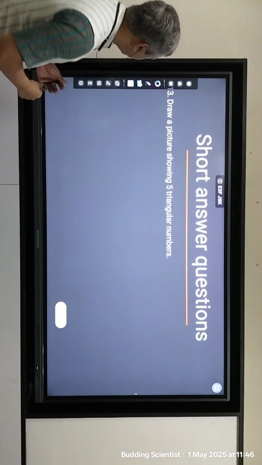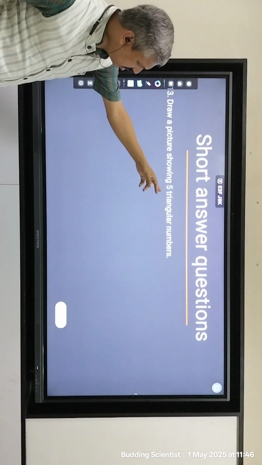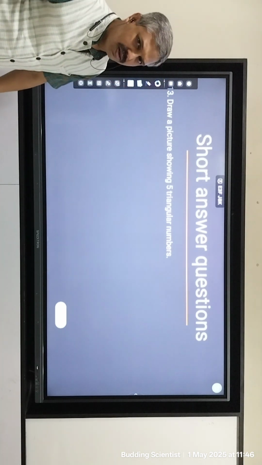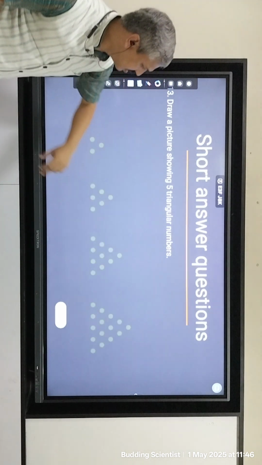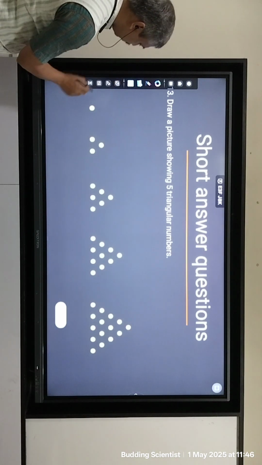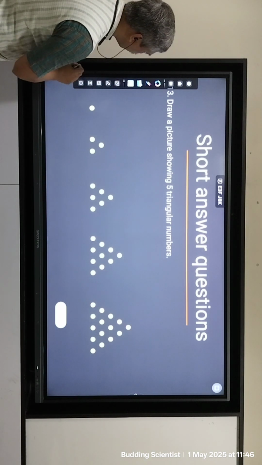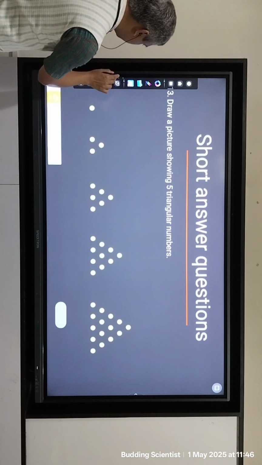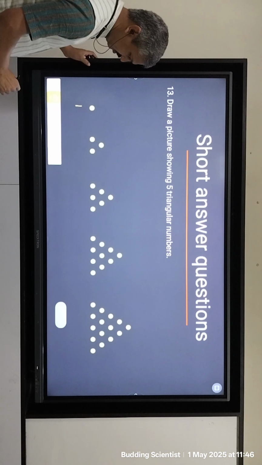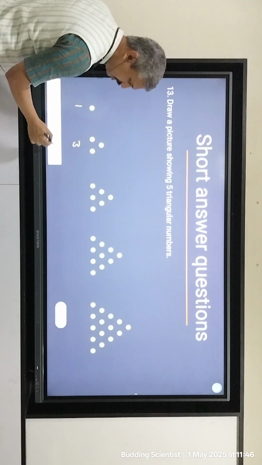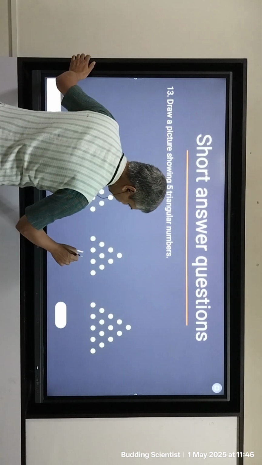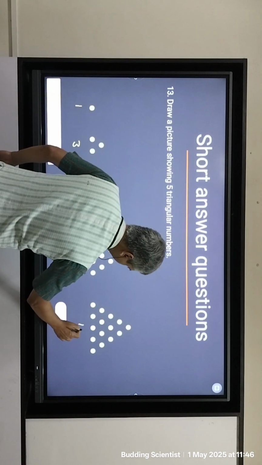Next question. Draw a picture showing 5 triangular numbers. I already made the picture, let's see this. The triangular numbers here would be 1, 3, 6, 10 and 15.